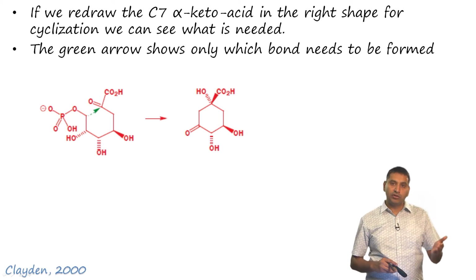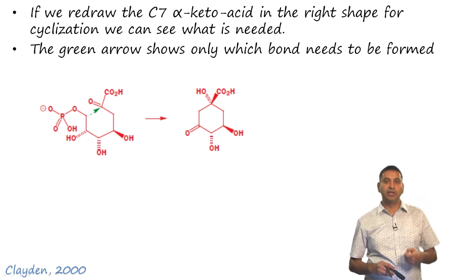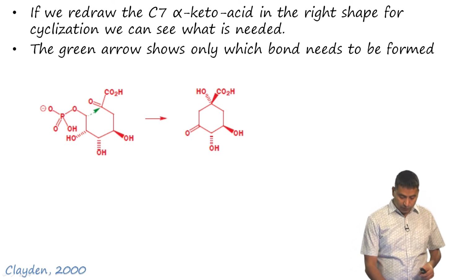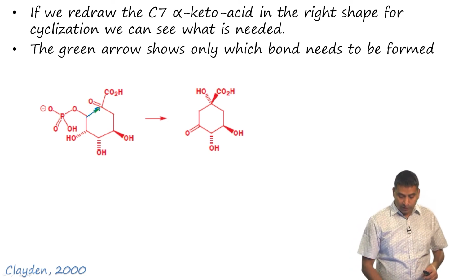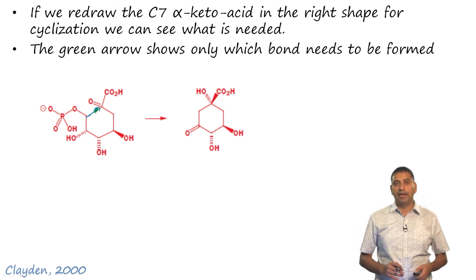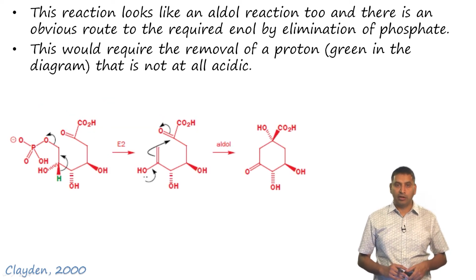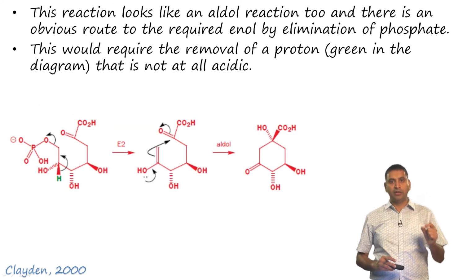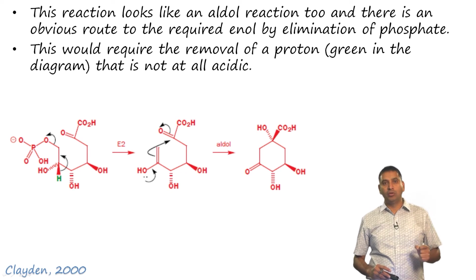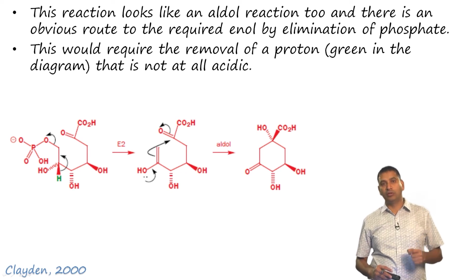Now, if we redraw this C7 alpha keto acid in the right shape for cyclization, we can see what is needed. So, here is the bond that we need to form, and this can happen in the following manner. This reaction looks like an aldol reaction too, but there is an obvious route to the required enol by elimination of the phosphate.